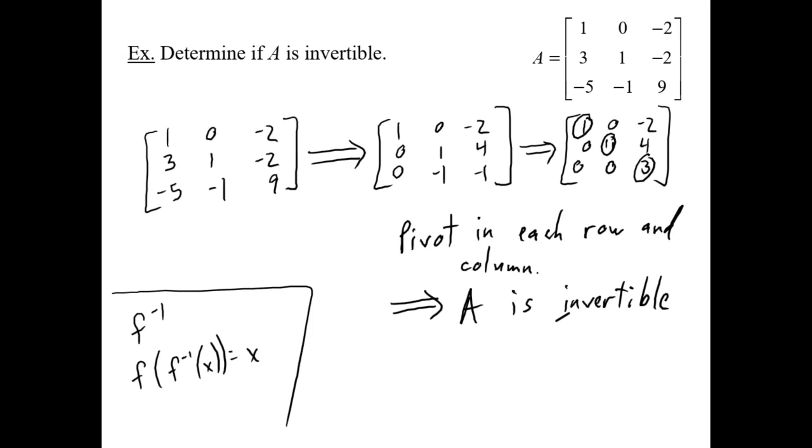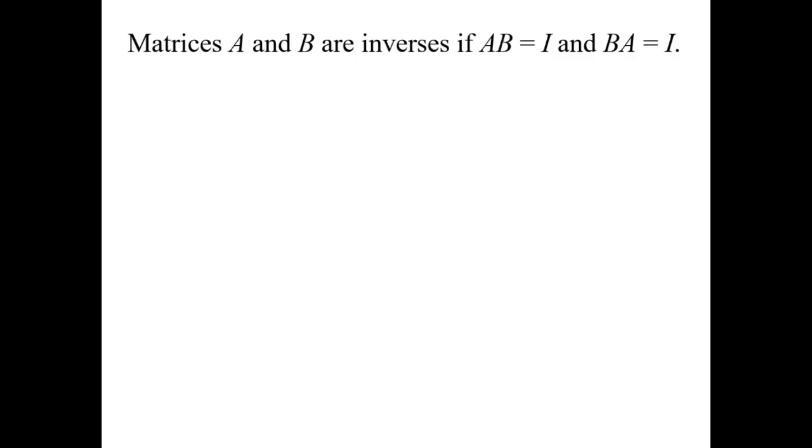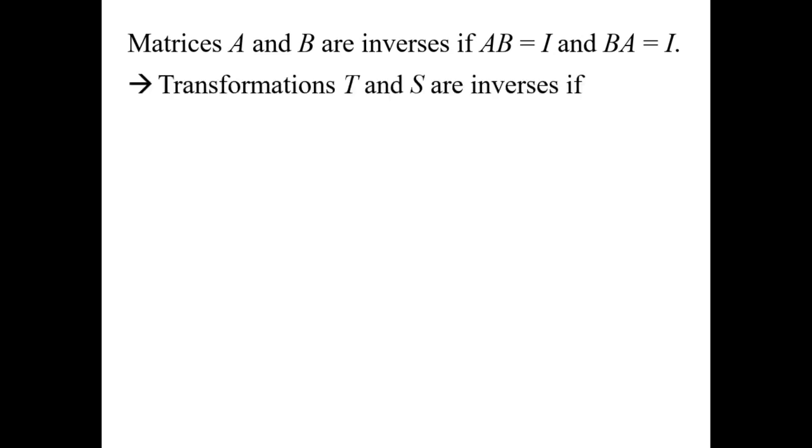They undo each other. Well, let's say that A and B are inverses, which means that the product results in just the identity. Well, two transformations T and S are inverses if, again, they undo each other, right? The same as with functions.